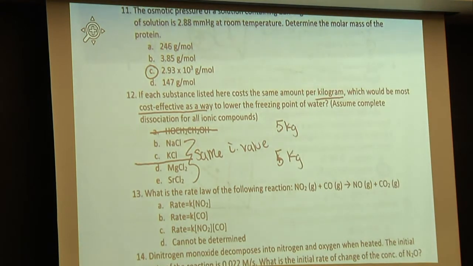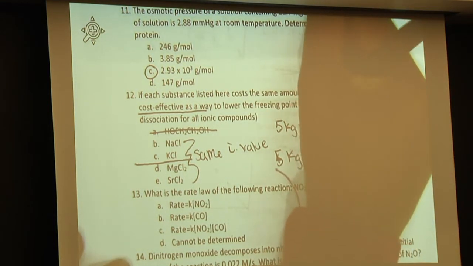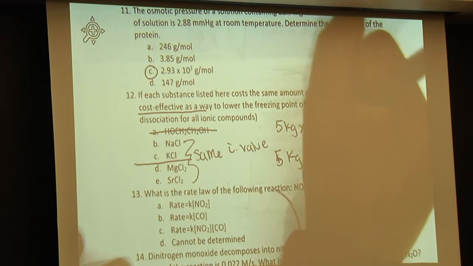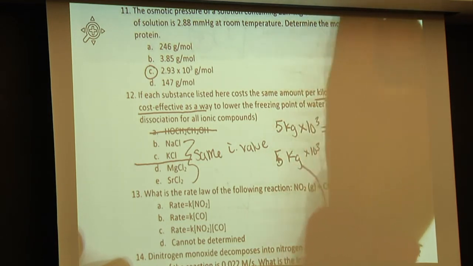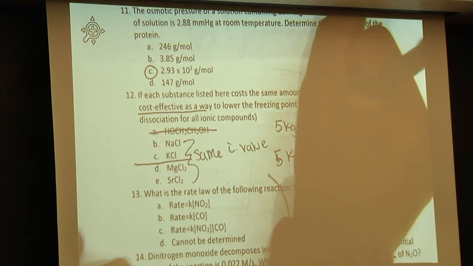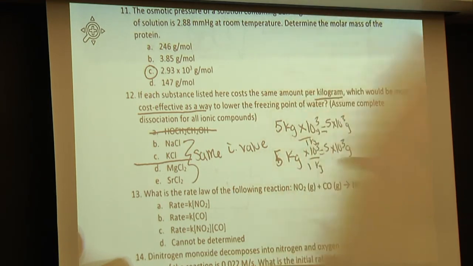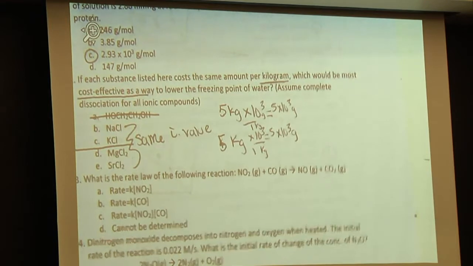So I did NaCl versus MgCl2. So you have 5 kilograms. If you do times 10 to the third, to get 5 times 10 to the third grams. All right, so they still have the same weight.